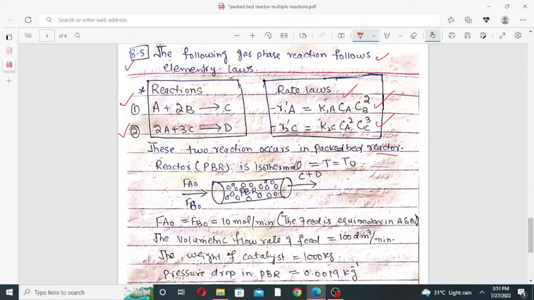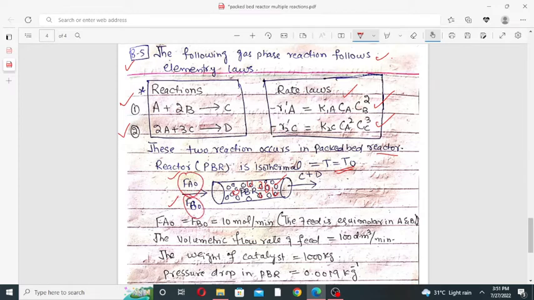Now, these two reactions occur in a packed bed reactor, in which there is some catalyst particle. The packed bed reactor is in isothermal condition. It means that the temperature inside the packed bed reactor is constant. Similarly, FA0 and FB0 are entering the packed bed reactor.